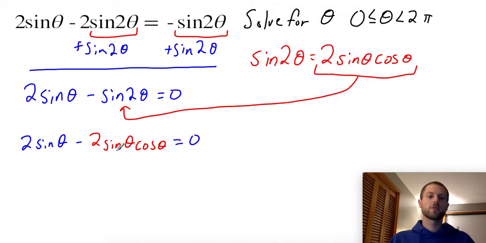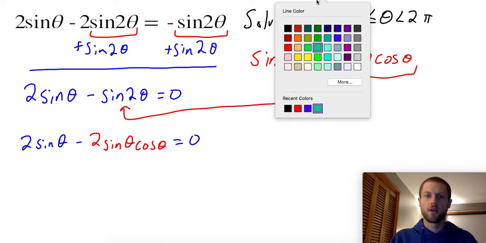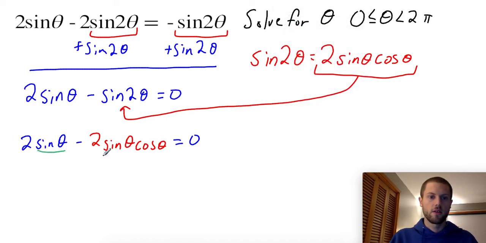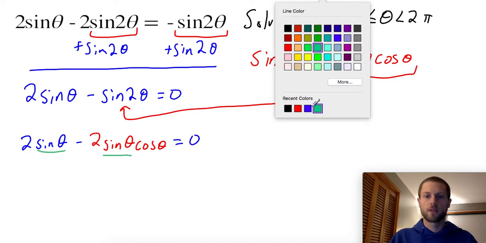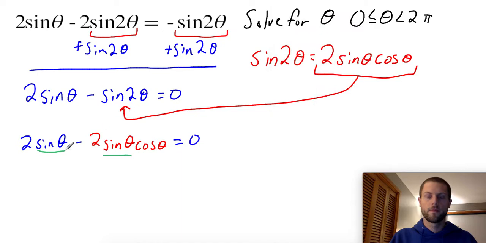So at this point, yes, I have a sine of theta and a cosine theta, and that might be a little annoying at first glance, but hopefully you can see that I can factor out a sine of theta from both of these terms. So let's pull out a sine of theta. Actually, now that I'm looking at it, I can factor out a 2 sine of theta.